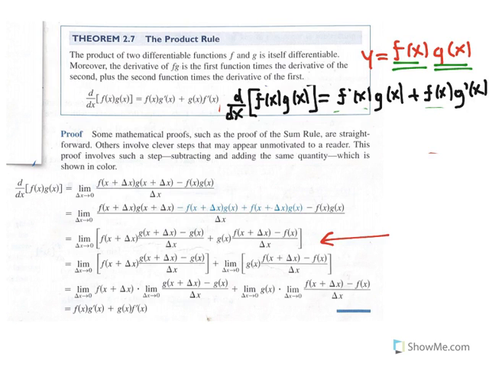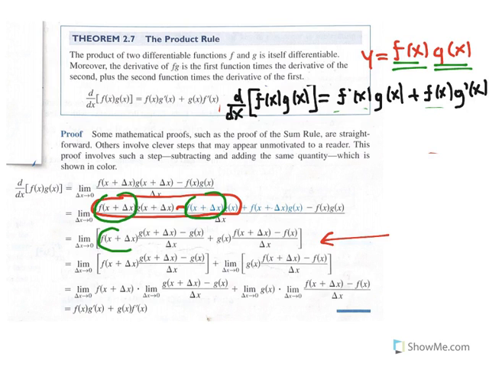So in the next line, here's what we're doing. You have this plus sign in the numerator, and of course you have division by delta x. So you can write that as a sum of two fractions, and each fraction will have a denominator of delta x. Furthermore, if you take a look at what we have here in the numerator of the first fraction, you can see that the two terms separated by this minus sign have a common factor of f of x plus delta x.